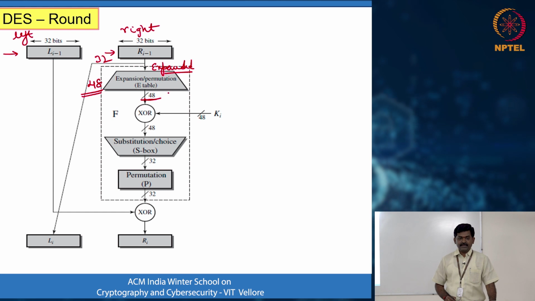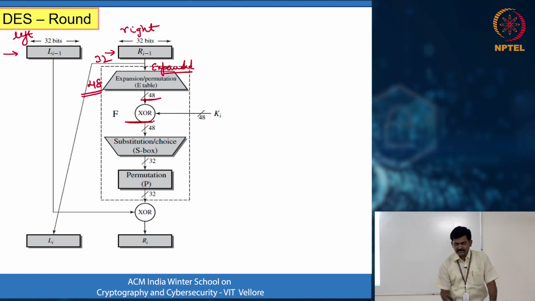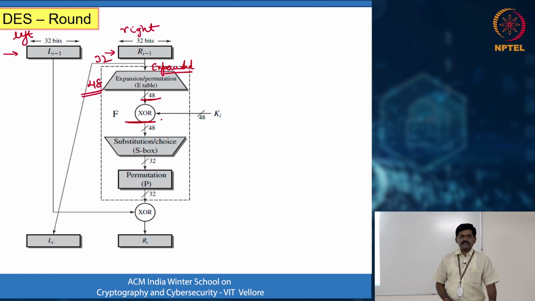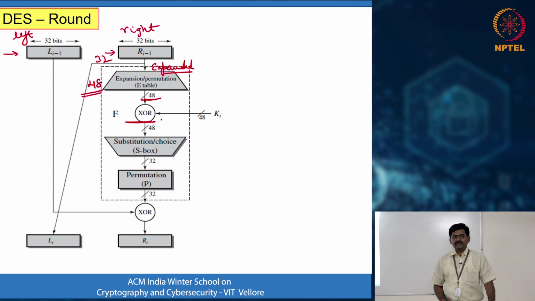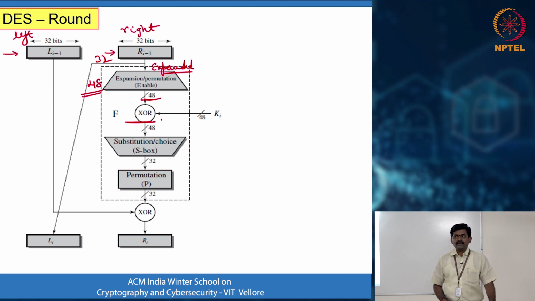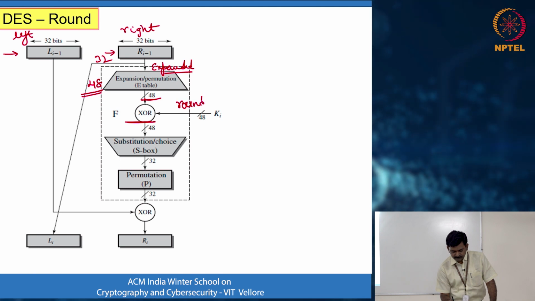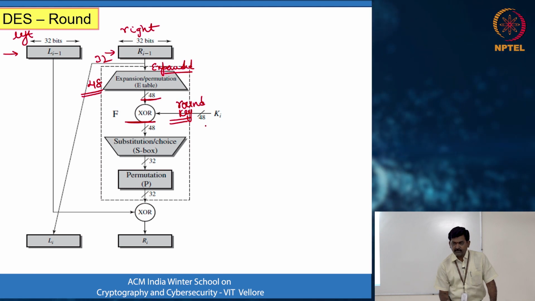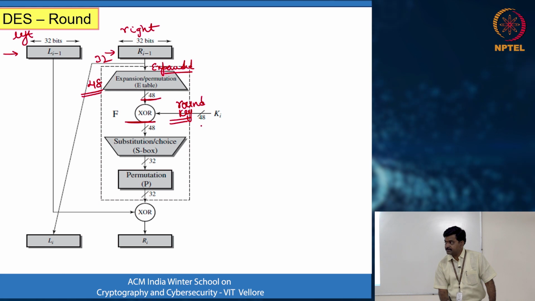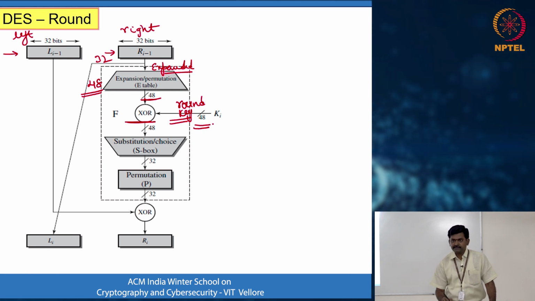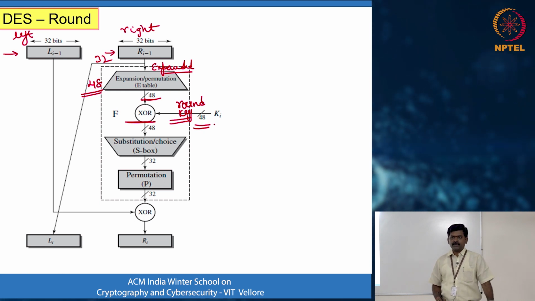That 48 bits gets bitwise XORed with the round key. What is the round key size? 48 bit.